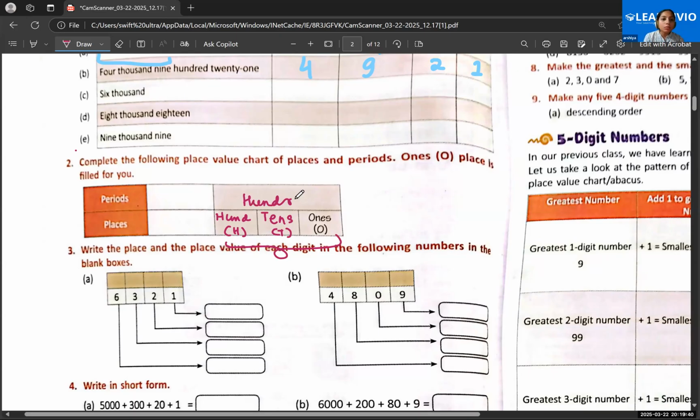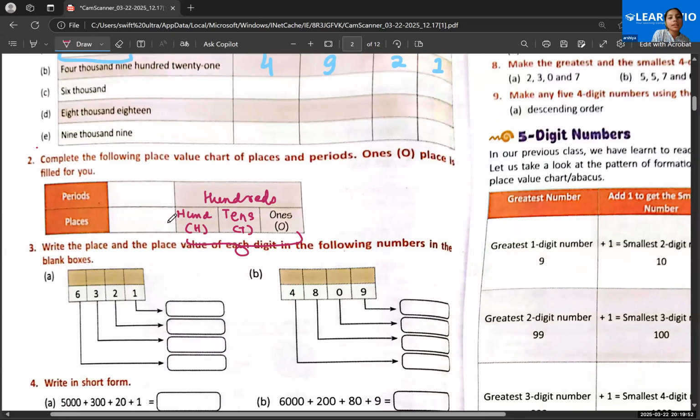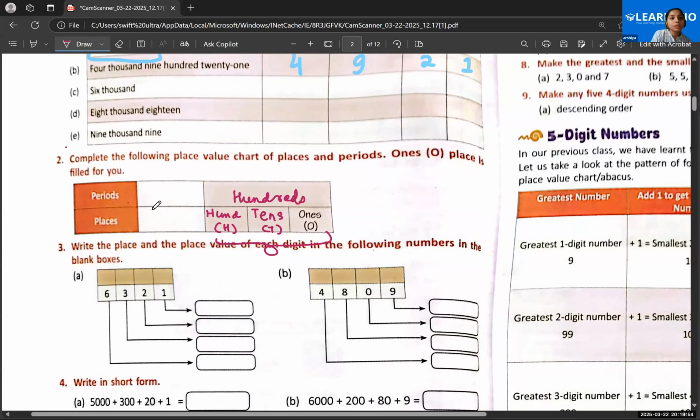What comes after that? Thousands. So you will write thousands, and in the bracket you can write TH. And the same thing, these belong to the thousands only. So here also you will write thousands.